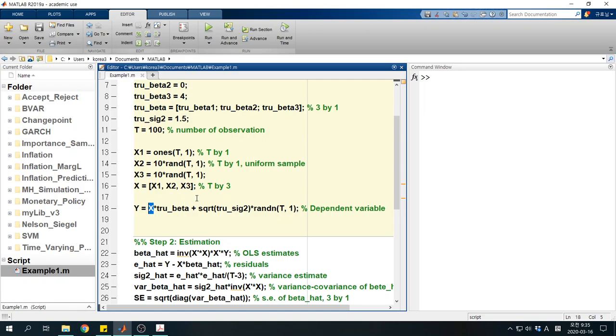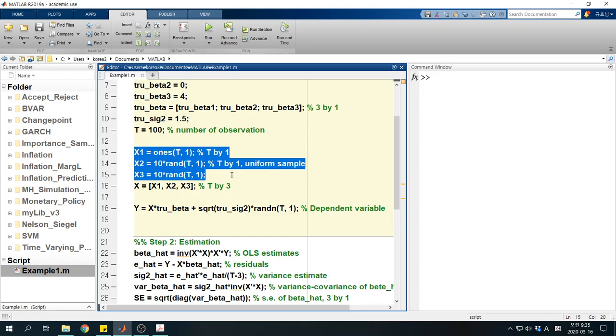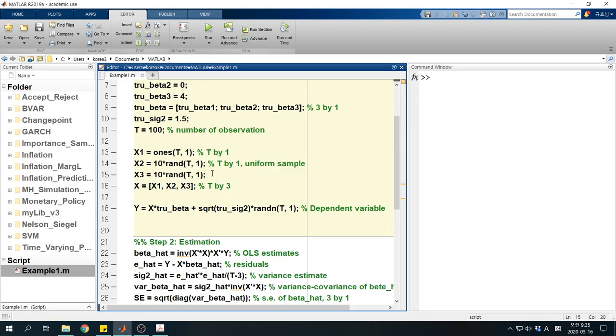Of course, x is exogenous, so x is simply literally exogenously generated. So we have no idea how x1, x2, x3 are determined. They are just purely randomly given, right? But y is different. Y is determined by x and coefficient and something else, right? So this is a model for y.